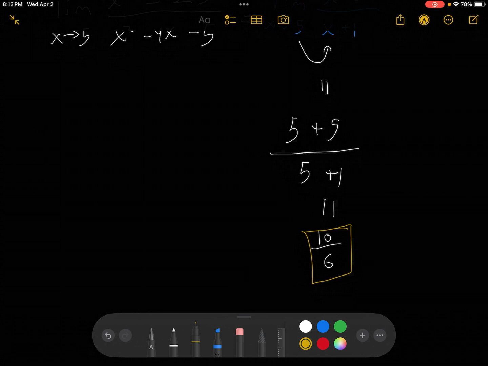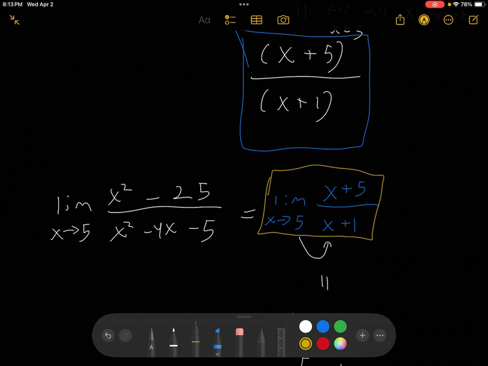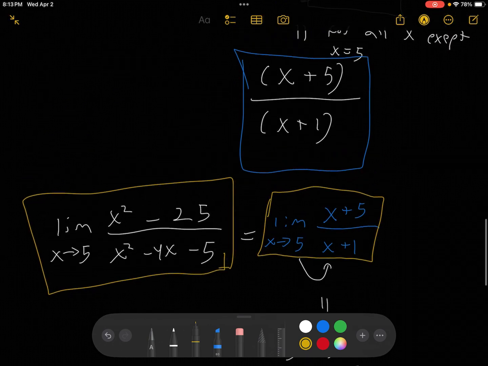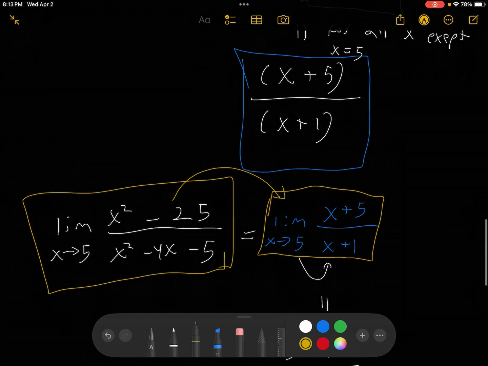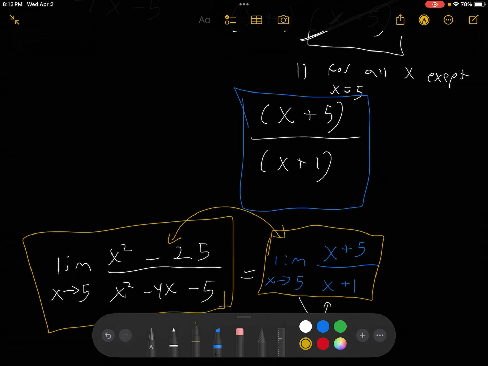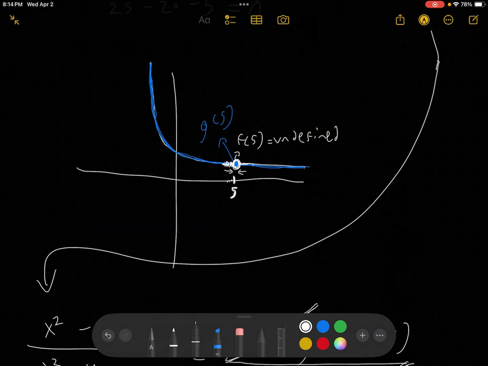So this 10 over 6 is the limit as x approaches 5 of this function, which we know is the same as the limit as x approaches 5 of our original function, since these two equations are the same for all values of x except for x equals 5, which we know does not matter when we're talking about the limit at 5.